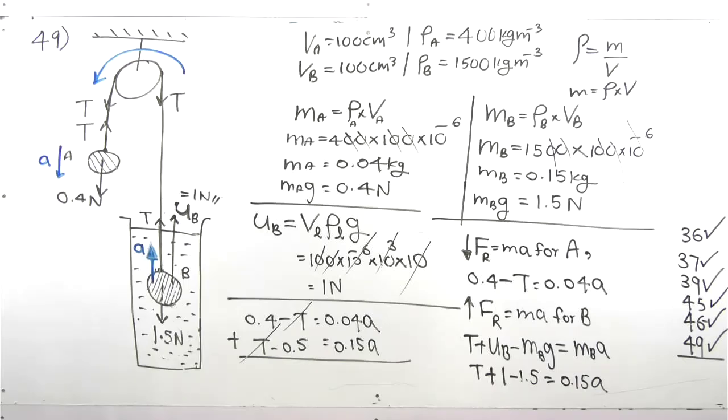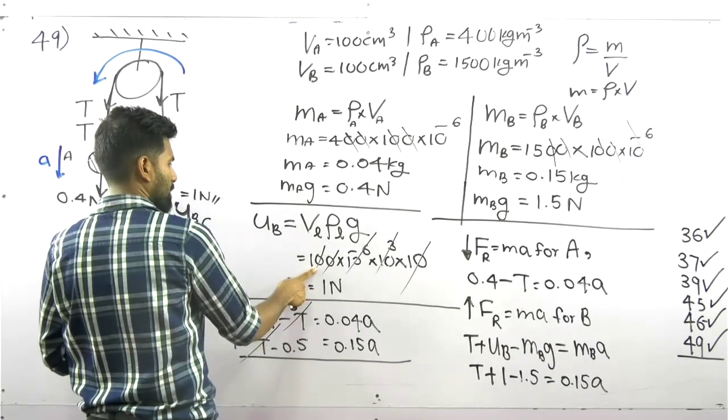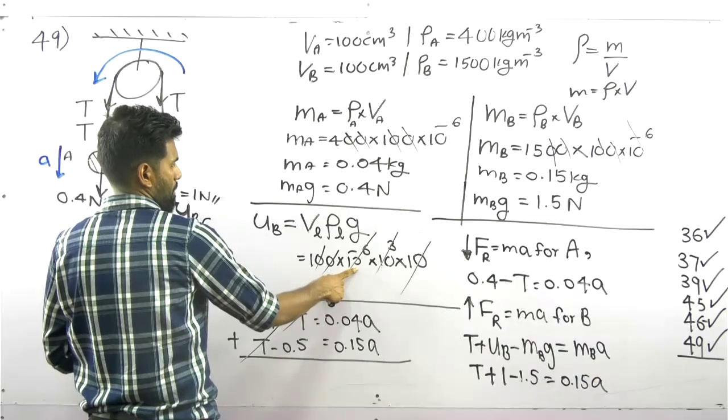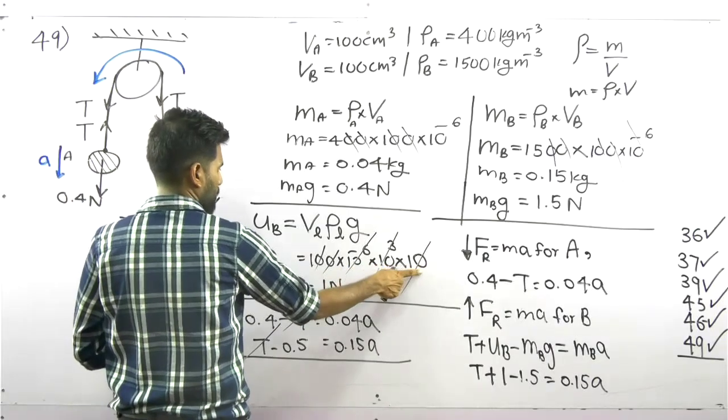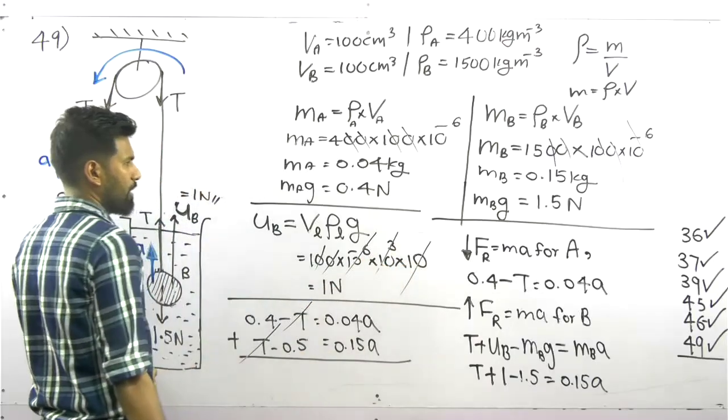0.4 minus 0.5. Wait, what has happened? Density, the beta, volume 100 into 10 to the power minus 6. Upthrust is 1 Newton.